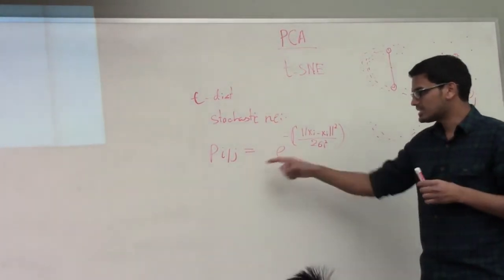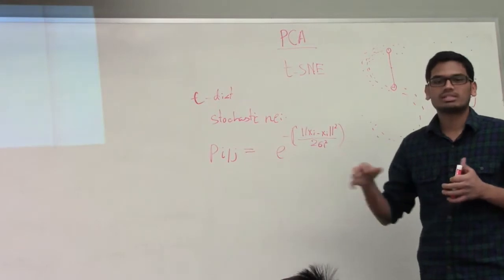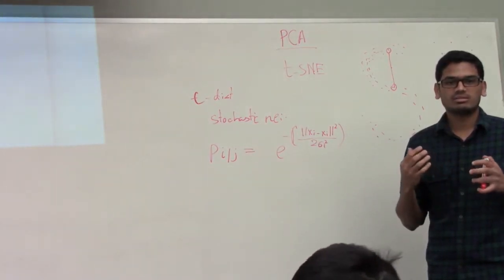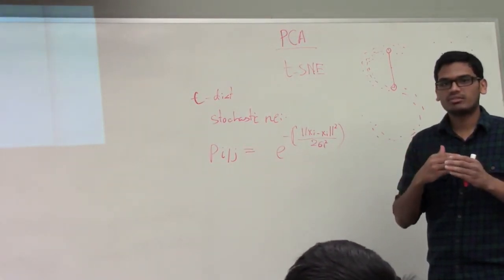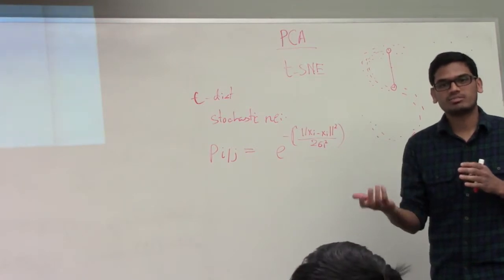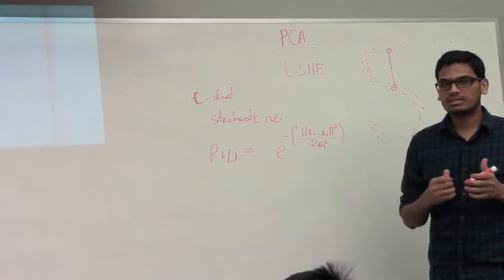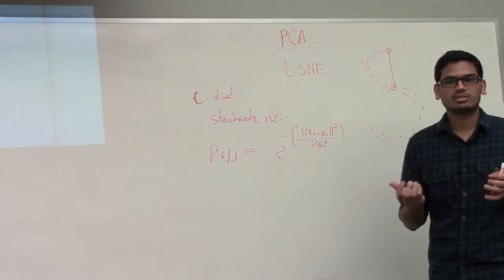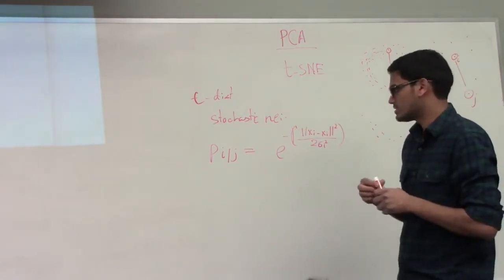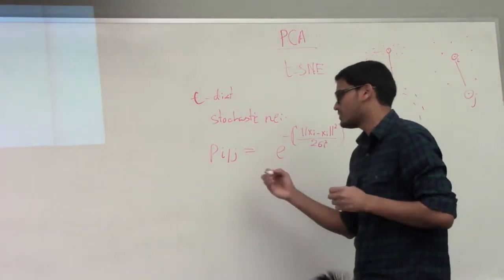As you can see, this is a conditional probability. So the similarity from i to j is not the same as the similarity from j to i. In t-SNE, they do a hack to make this symmetric.